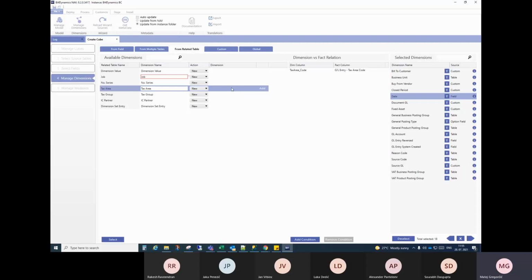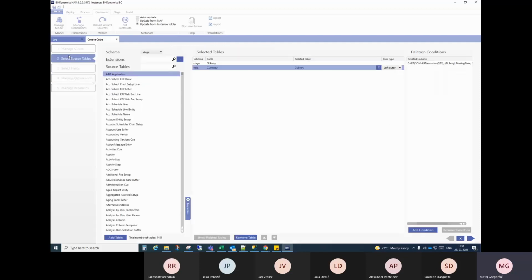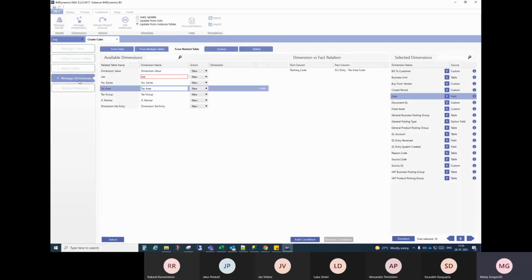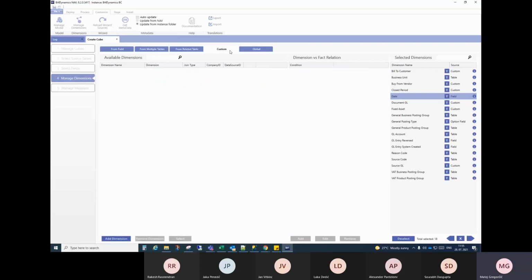We can use those even though we haven't added them to the model. We still know they are connected, we still know we can use them, and you have an option to use them here by adding them. Then we have two more. Custom is exactly what it says. It's custom, so you can pretty much do whatever you want here, but we'll do that a little bit later.